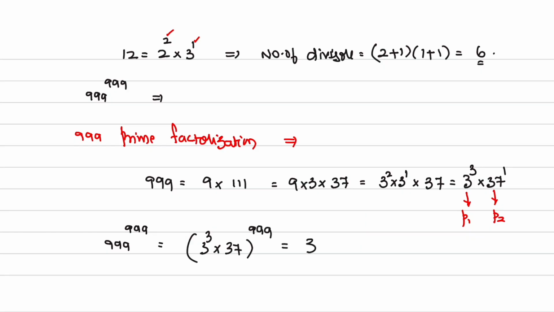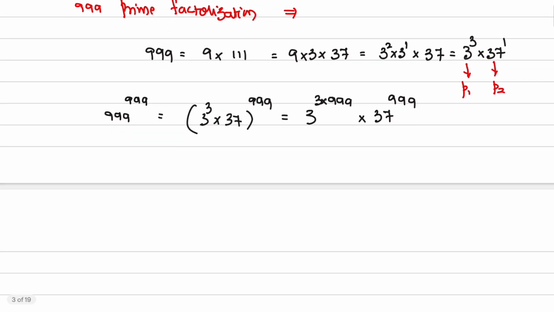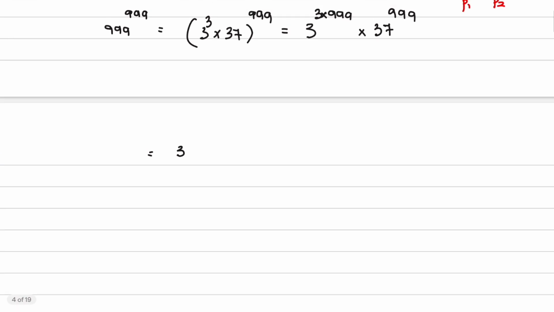That is equal to 3 to the power of 3 into 999 into 37 to the power of 999. Then it will be equal to 3 to the power of 3 into 999, which is how much? Just check. 2997 into 37 to the power of 999.